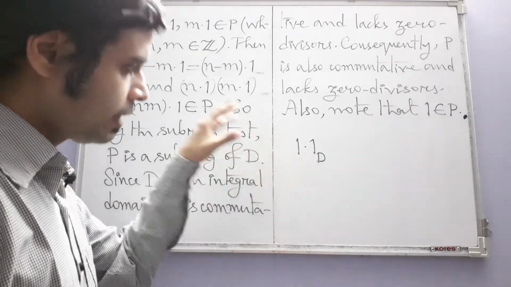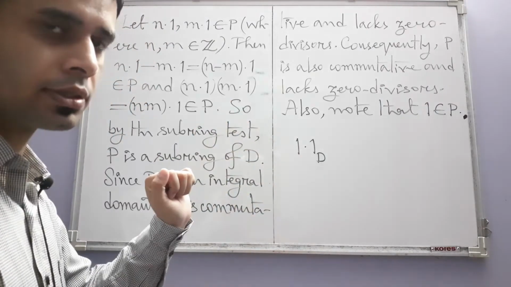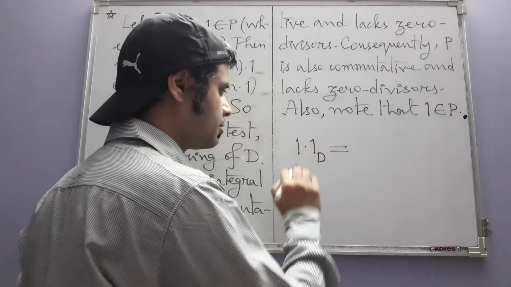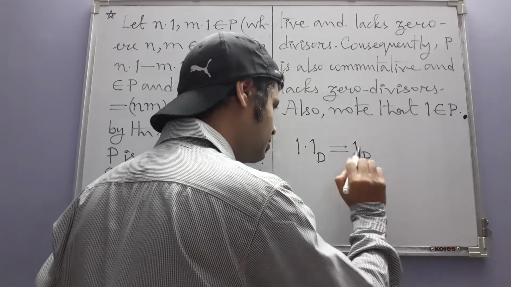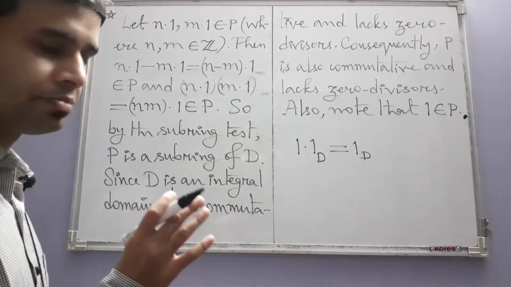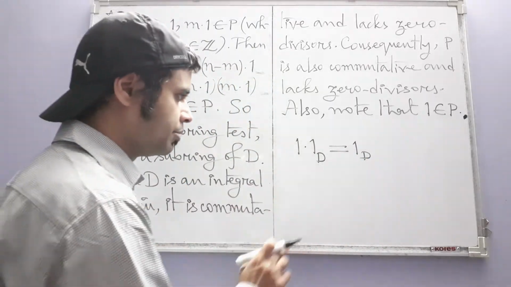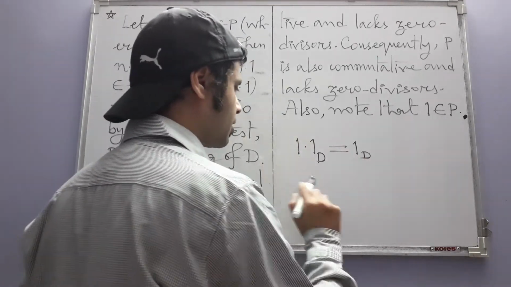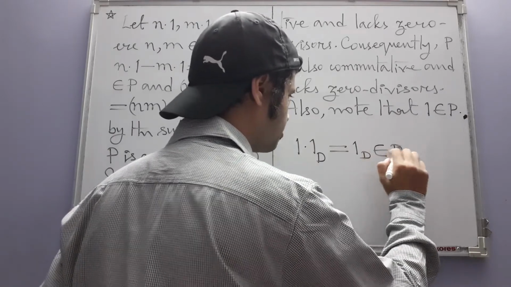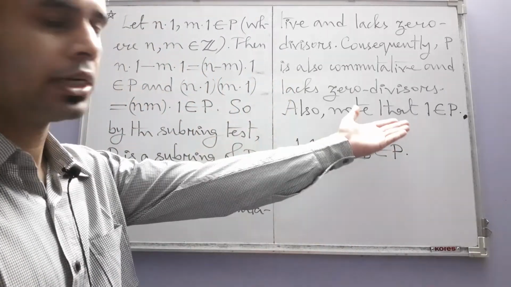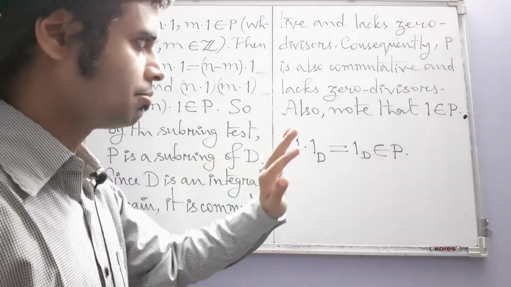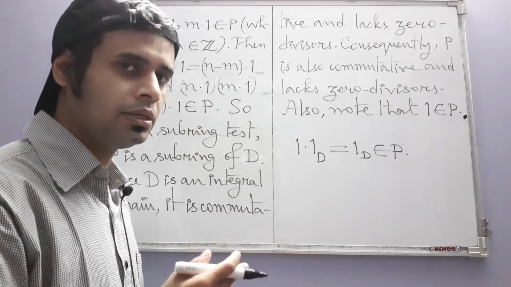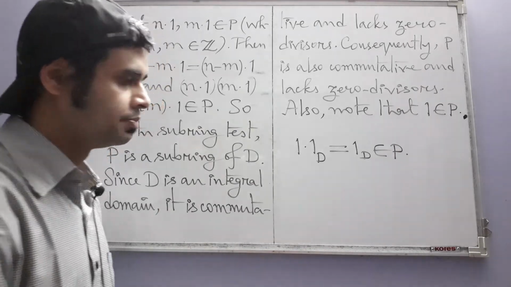Here however it is actually 1, the integer 1 itself. And from the definition of these things, this is nothing but 1_D itself, that is the integral domain unity element itself. And because this 1_D is of this form, it will naturally belong to P by the definition of P. So that's what we have written here. Also note that 1 belongs to P. So now we have all the pieces together. Now we can say hence P is a subdomain of D.